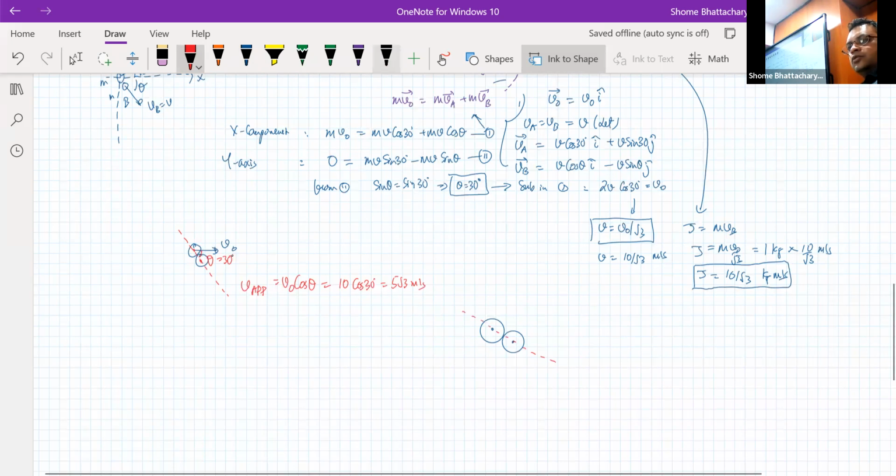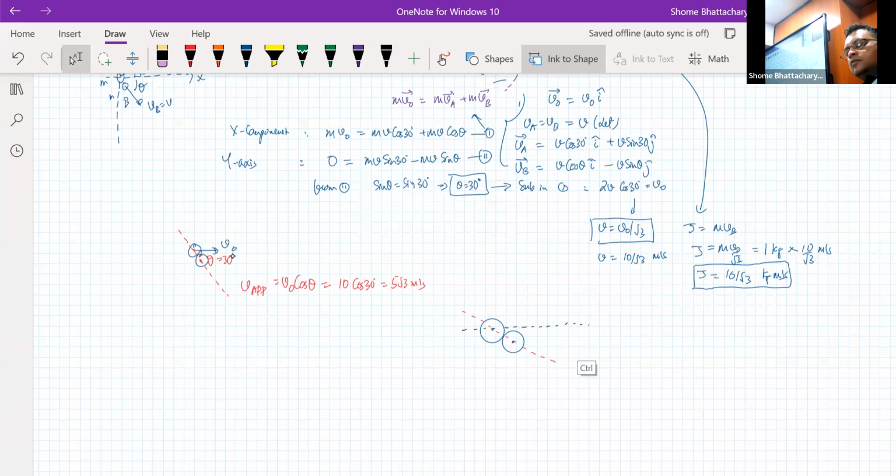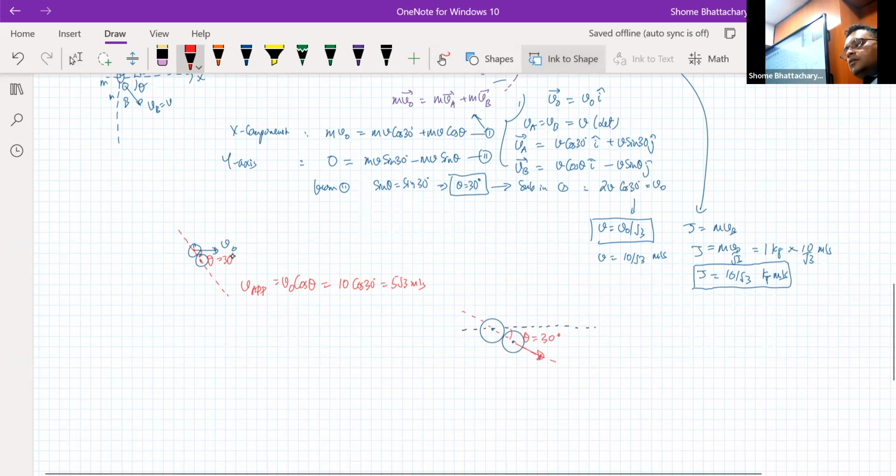So with respect to our original x-axis, the line of impact is only at 30 degrees. So this angle is equal to 30 degrees, and the velocity of B is in this direction after impact.